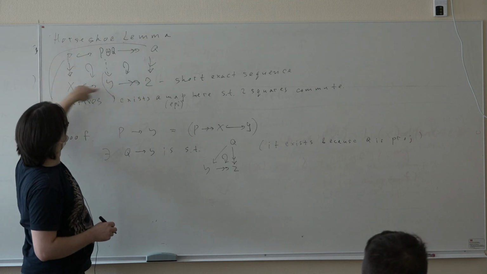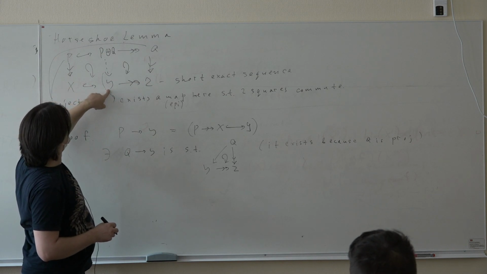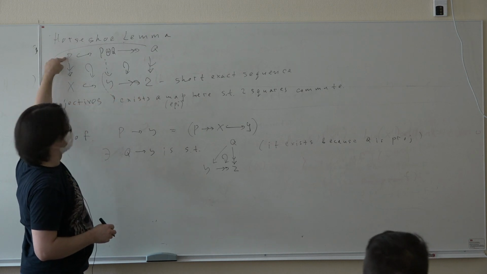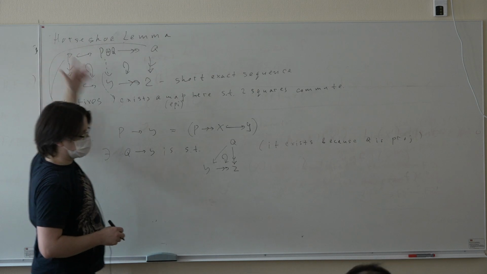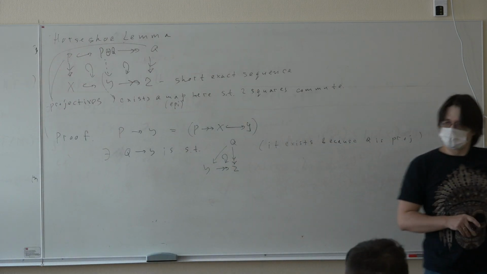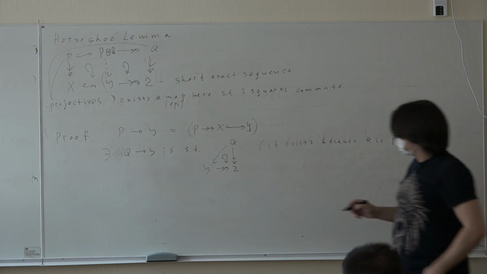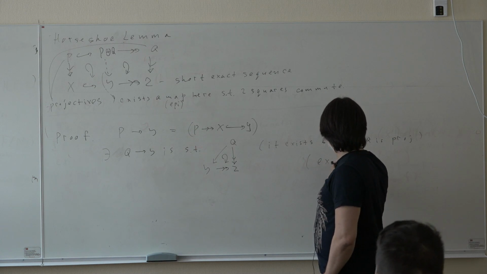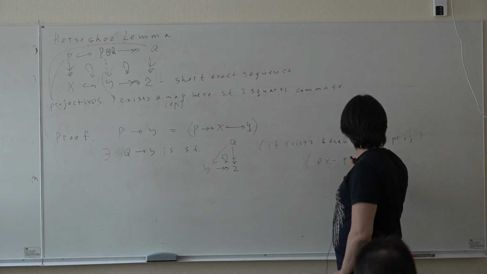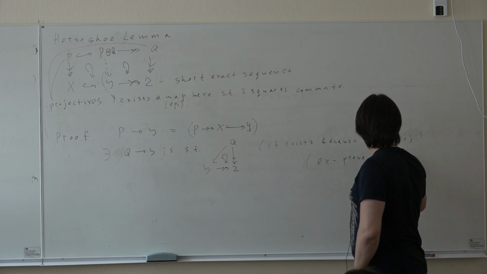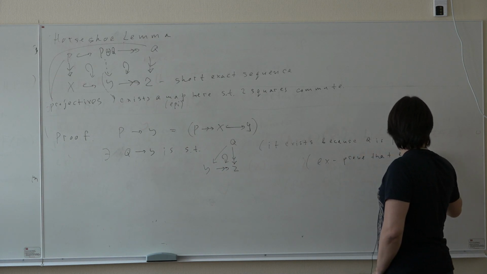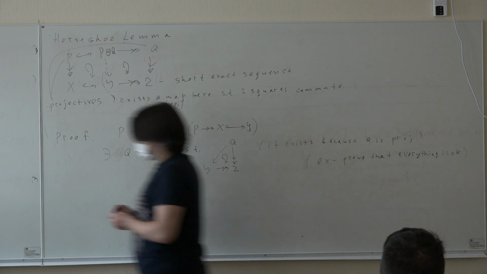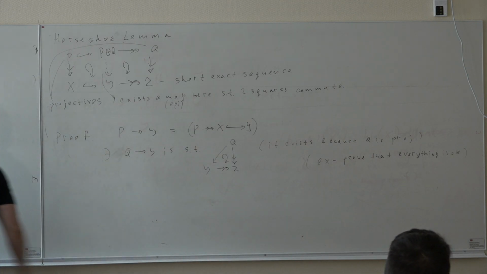And then it has some pre-image in X, because this sequence is short exact, and an element in X has a pre-image in P. So if somebody doesn't understand, then it's an exercise, and it's much easier than the snake lemma, of course.